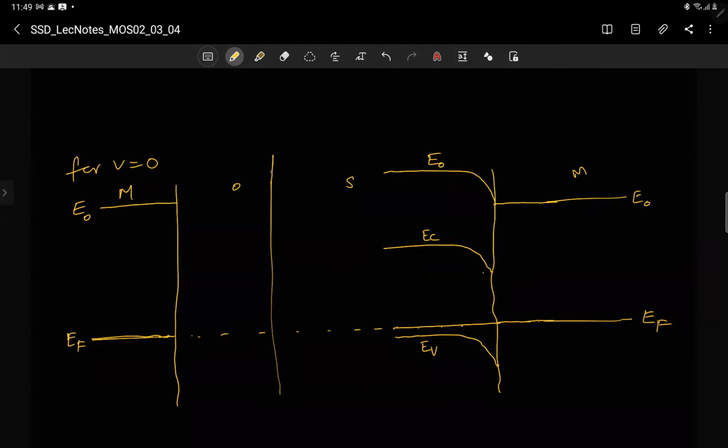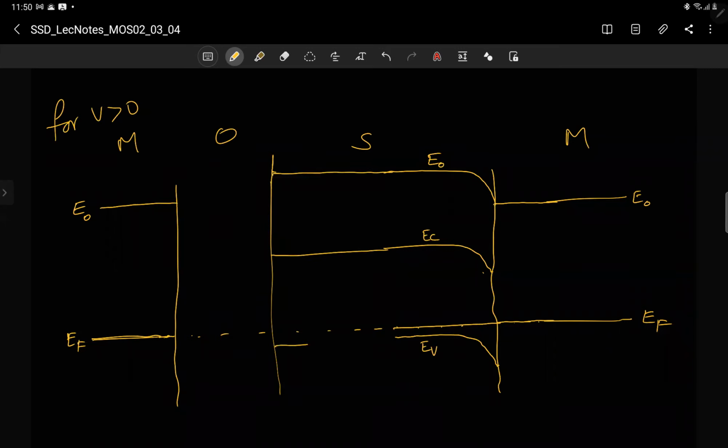If I only draw E0 constant like this, and then EC constant like this, EV constant like this, it means there is no charge in this junction.